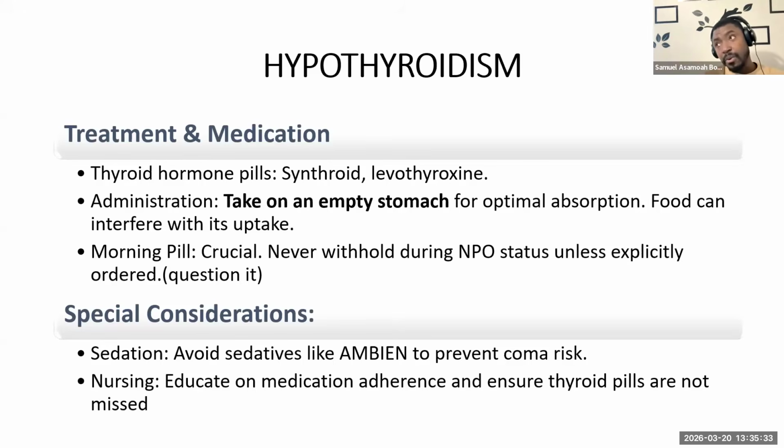Even if the patient is going for surgery, sometimes the physicians will say NPO, with little sips of medications. If they know that the patient is on thyroid medication, they can sometimes say give it to them. Other times they can say you wait. So if they say NPO, you have to call the doctor and ask, doc, do I give the levothyroxine or stop? Then whatever he says. In fact, NPO is NPO, and if you don't give it, you are not going to be charged as a nurse.